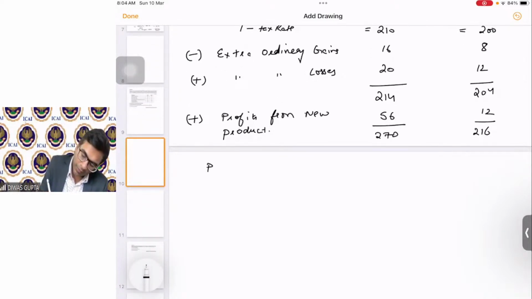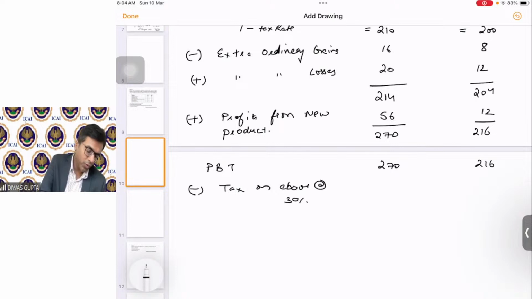Okay, so PBT becomes 270 and 216, less tax on the above at the rate of 30%. So 270 into 0.3, 81 rupees tax will be deducted here, and 216 into 0.3, 64.8 will be reduced from here.